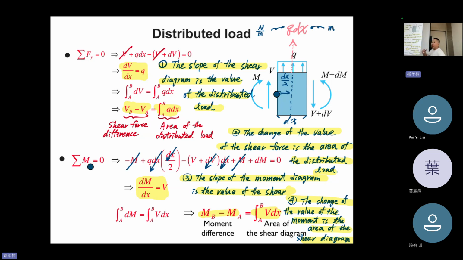The 6 conclusions will help you draw the shear and moment diagrams in a really elegant and efficient way.